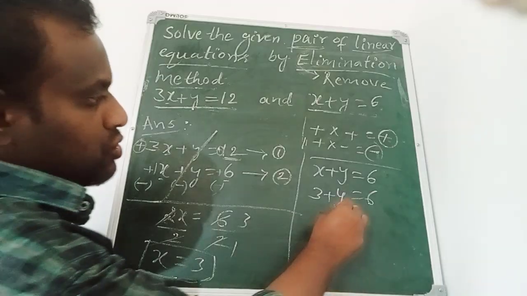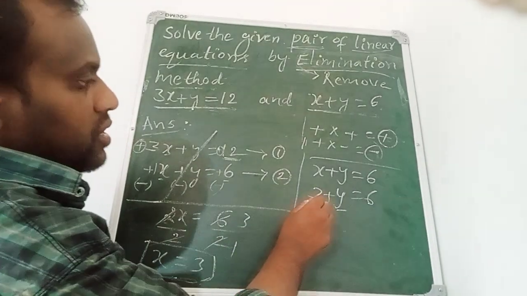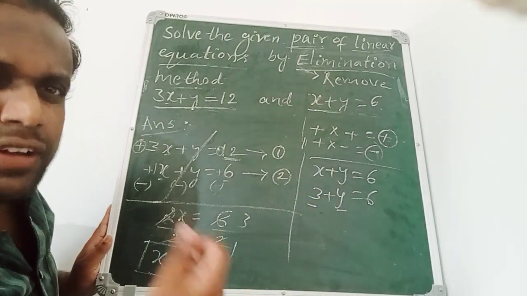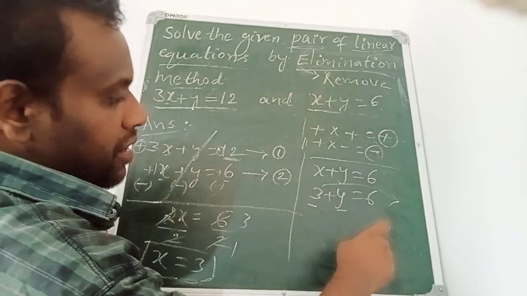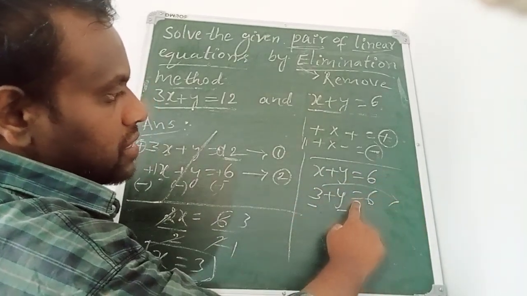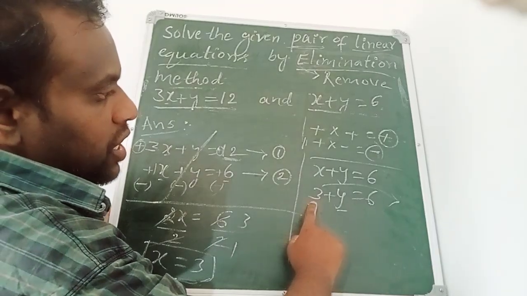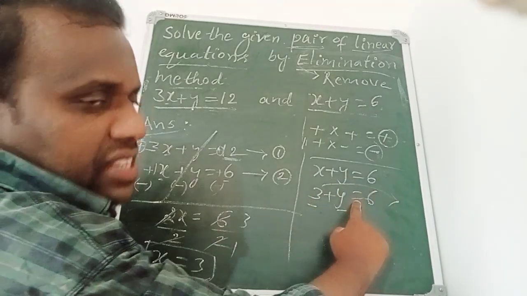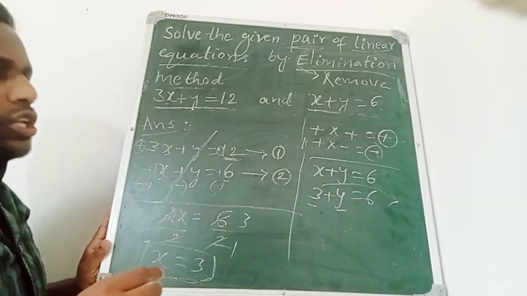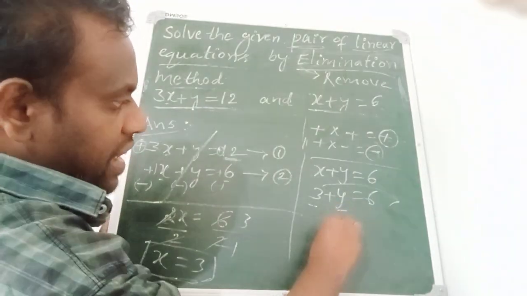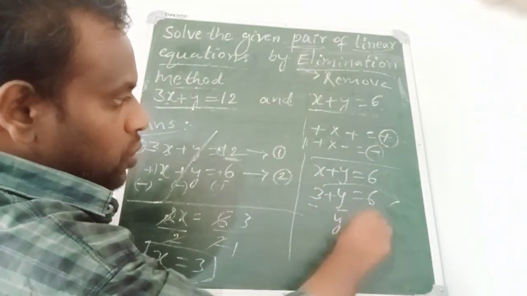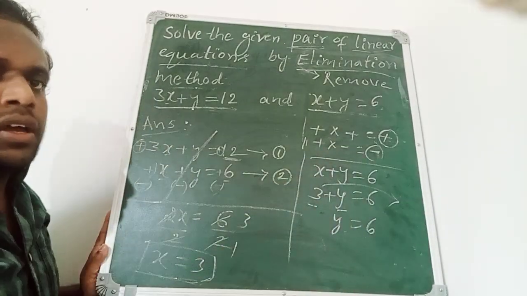Now we want y, so we don't want this 3. So what I will do? I will move this 3 to the right side of this equal sign. Before moving, write this y as it is. The next step is equal to this 6.